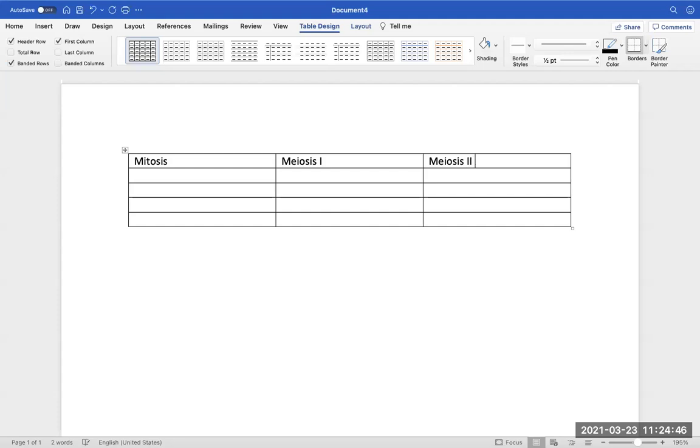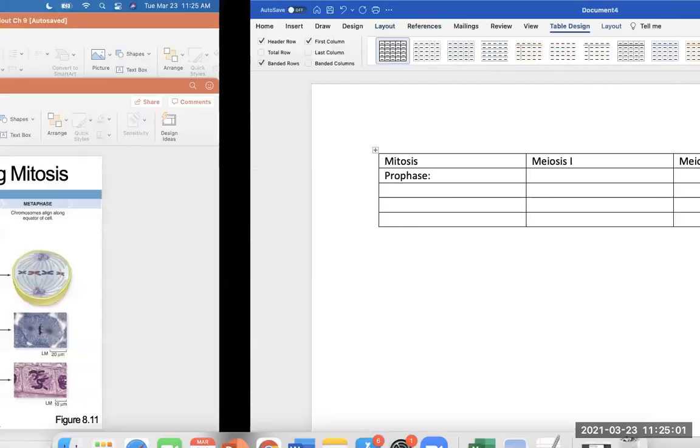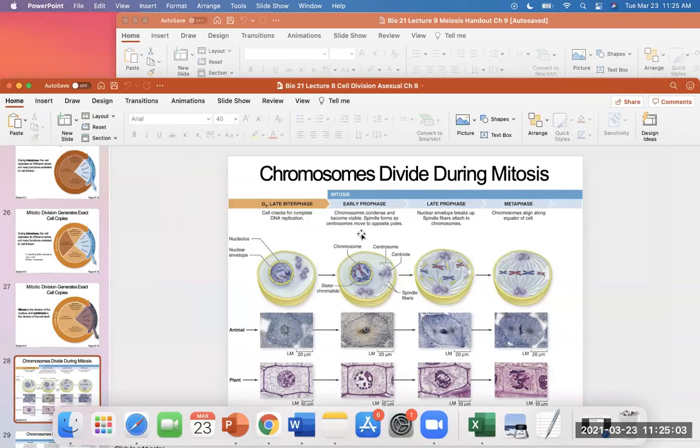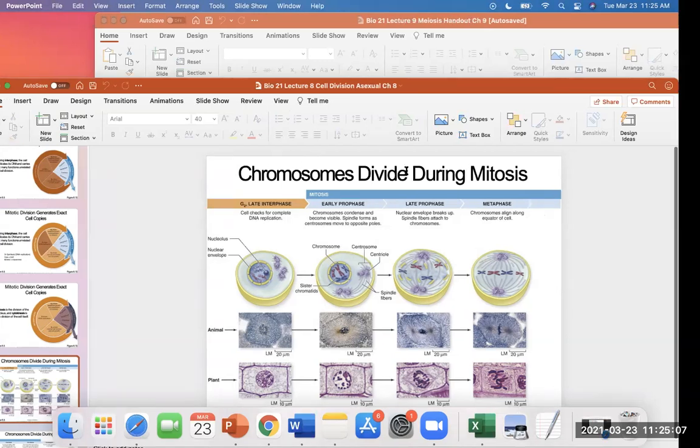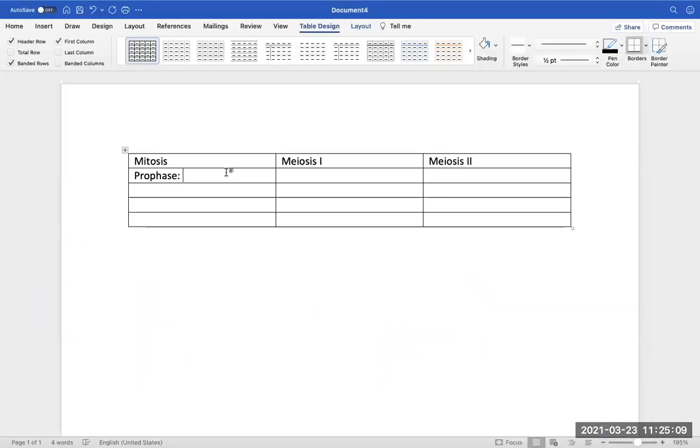They're still one single process, but I'm just doing this for comparison because you have prophase, metaphase, anaphase, and telophase in all of these. So first one is prophase. For prophase, for mitosis, we said chromosomes condense, nuclear envelope breaks up, and then the spindle fibers form. So that's what's happening in mitosis.